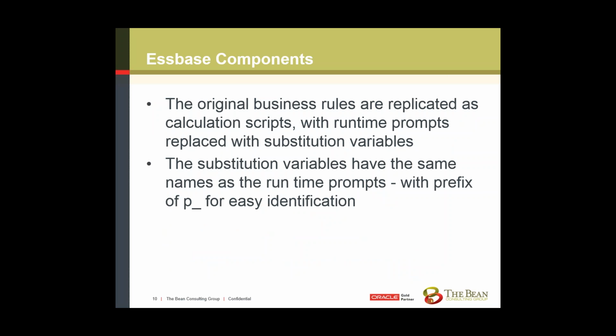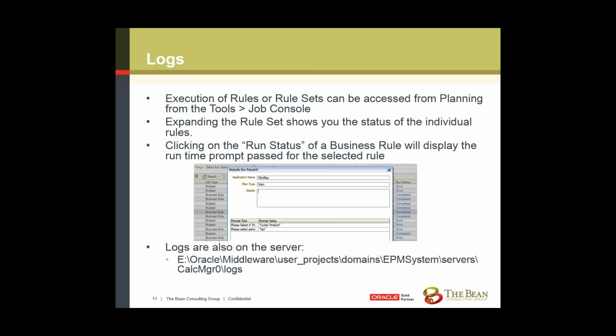Logs came in handy from time to time as we were doing testing. You can access the logs from the Tools, Job Console, and when you get into the job console, you can expand the rule set to see all of the rules that were executed within the rule set.